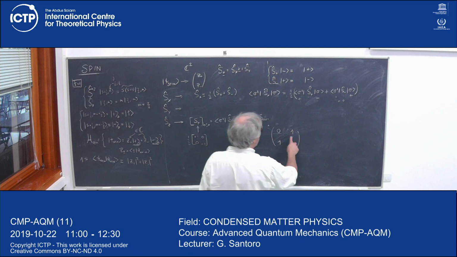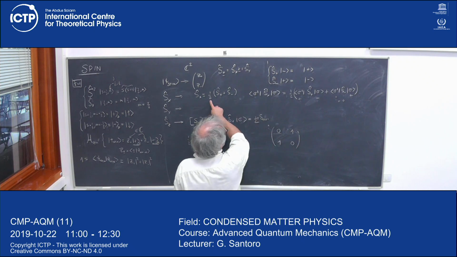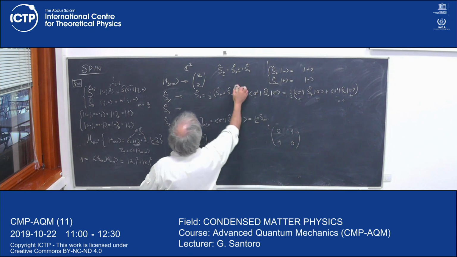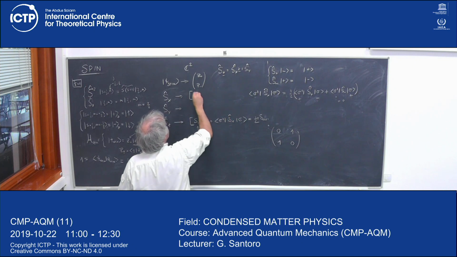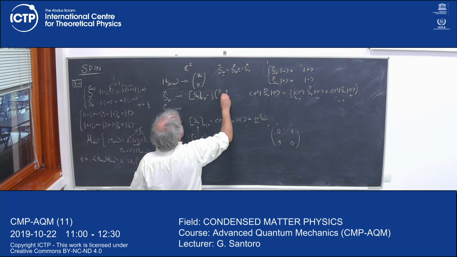So whatever you have here you must have there. But there was a factor 1/2 here. So the matrix of Sx in the end results to be 1/2 times 0 1, 1 0.